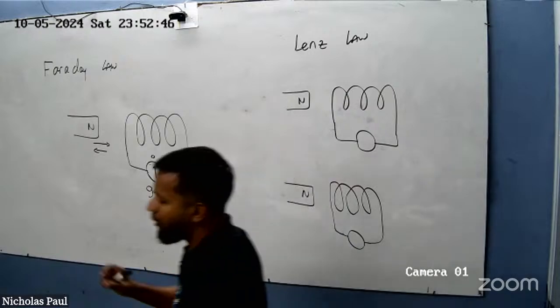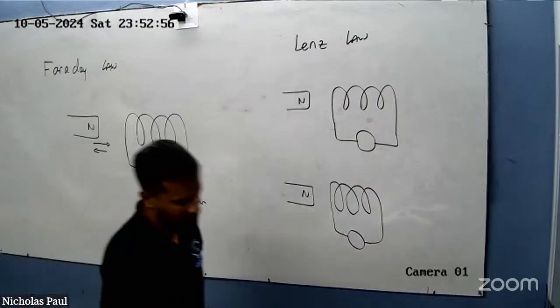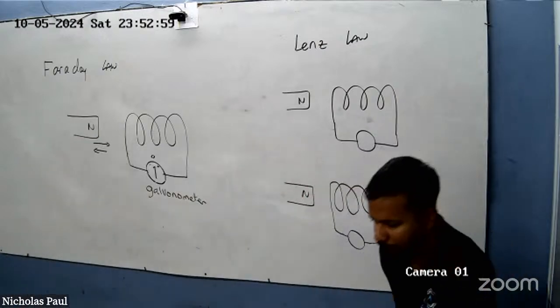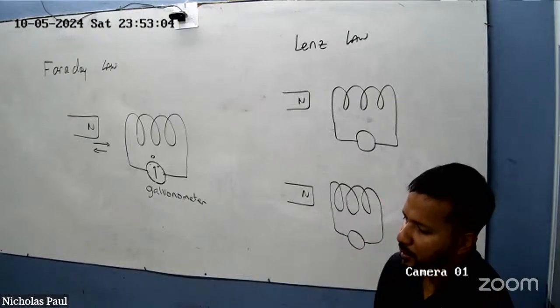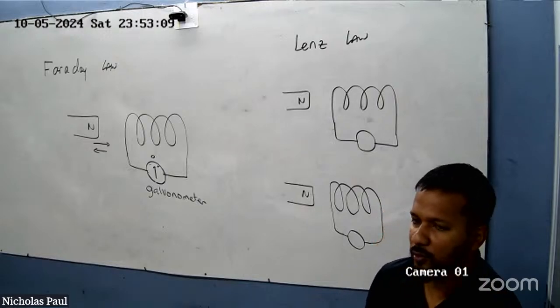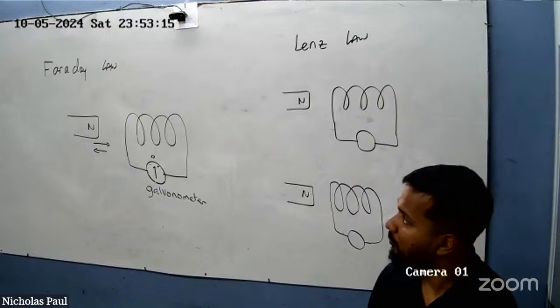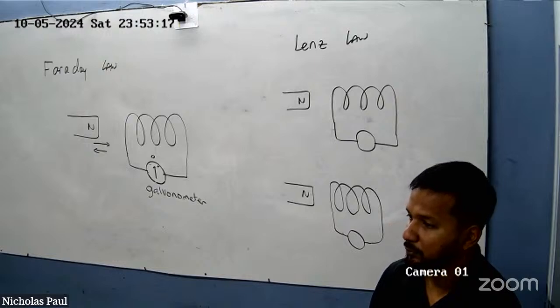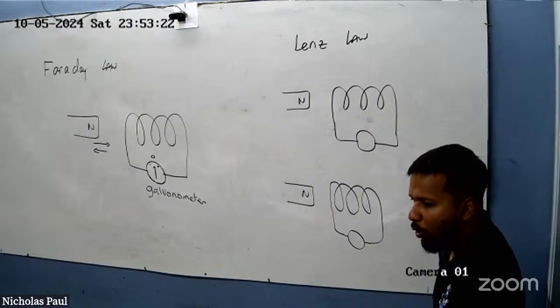After you draw a diagram, underneath I want you to write this: Lenz observed that the direction of the induced current always opposes motion.